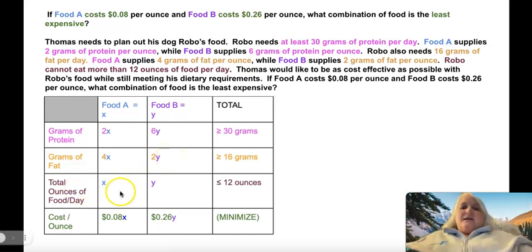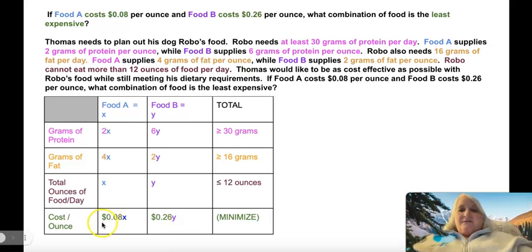Okay. And then it also does have in here, and I don't know if it was color-coded in the previous one, but Robo cannot eat more than 12 ounces of food per day. So the food A plus the food B has to be less than or equal to 12 ounces of food per day.